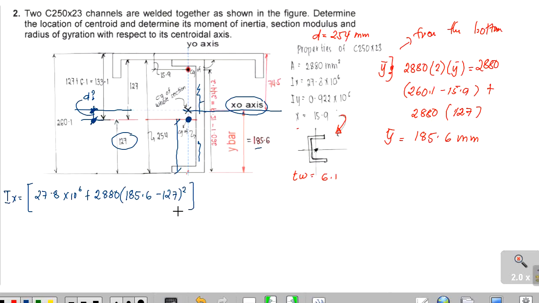That is for the standing C channel. How about the rotated C channel? For the rotated C channel, minus 58.6.